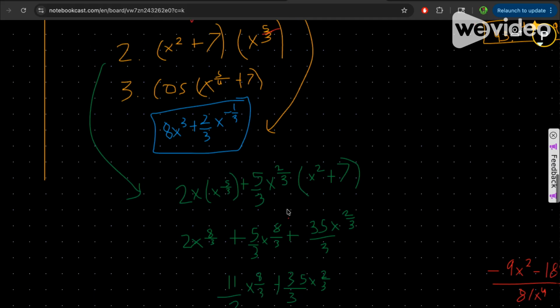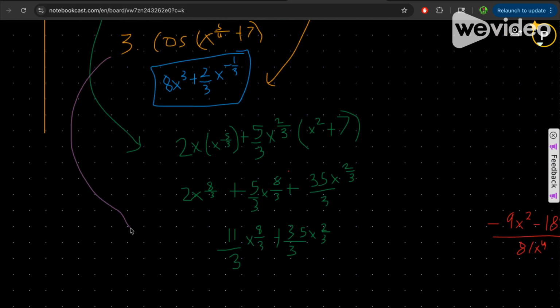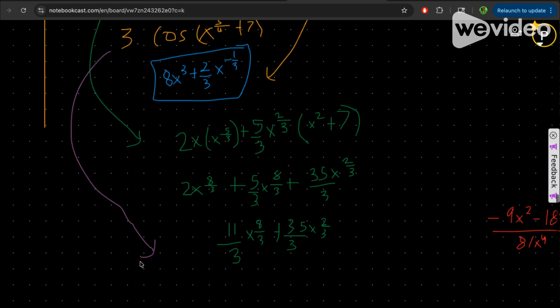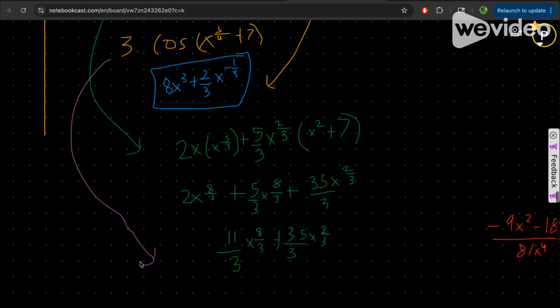Okay, for our final question, I'll be using the purple, and it is cosine of x to the 5/4 plus 7. So the derivative of cosine is negative sine.